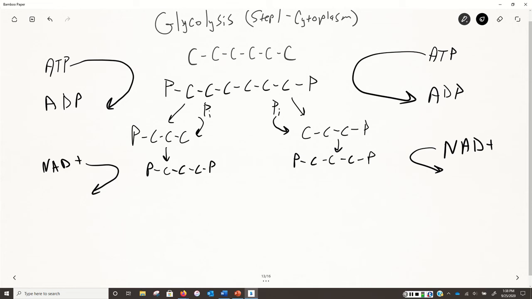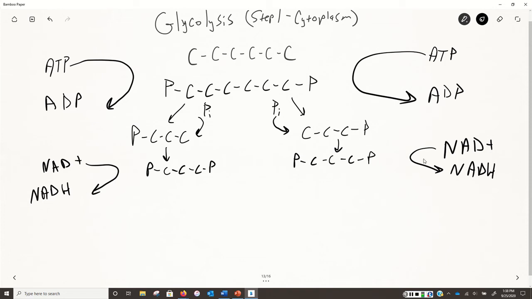What do we call him when he takes electrons and he is now carrying electrons? We call him NADH. And the same thing over here, NADH. And remember, sometimes you will see plus H plus because a proton comes along that doesn't really attach to anything.